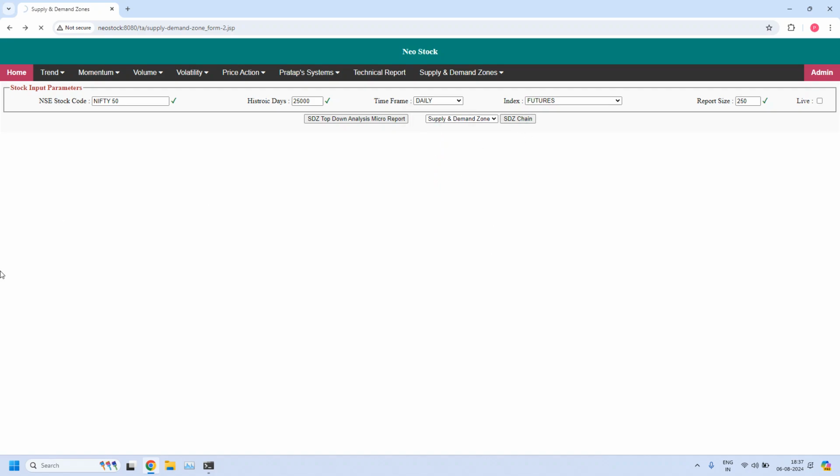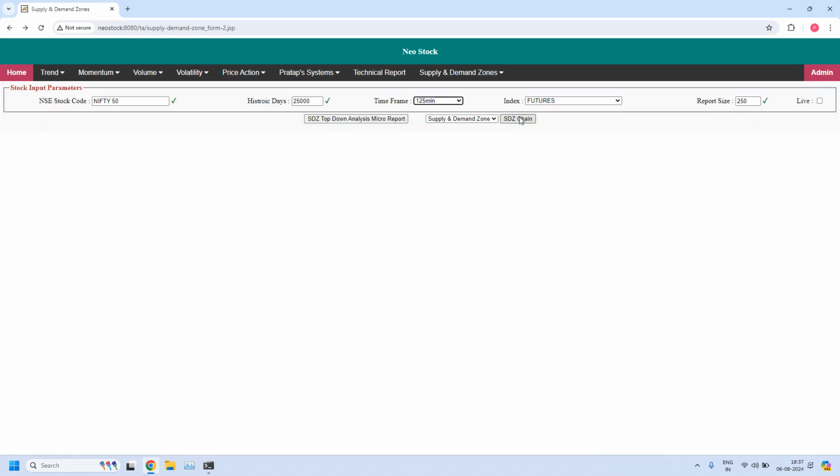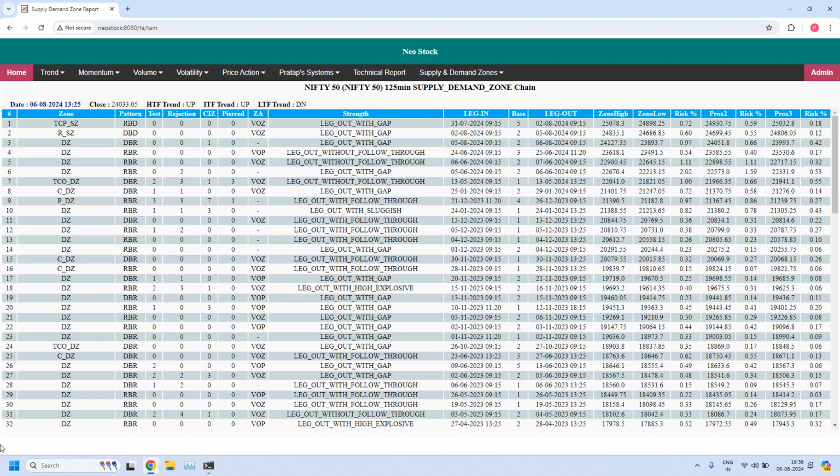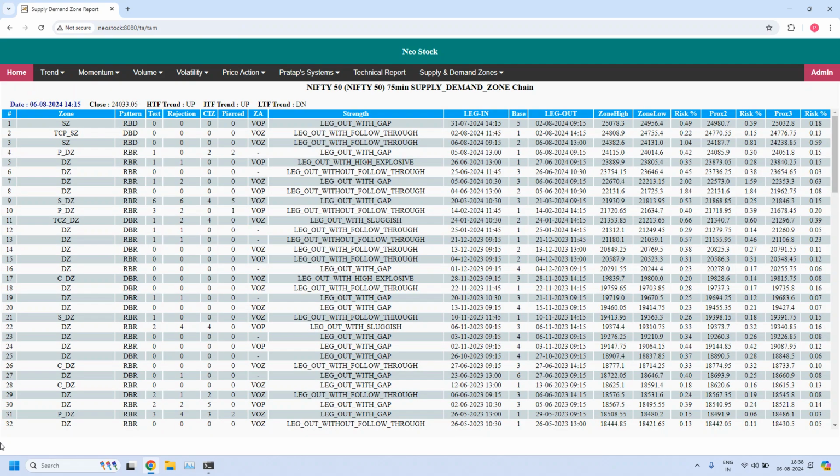I am generating the daily supply demand zone chain for Nifty. And the next time frame is 125 minutes. Now I am generating the 125 minutes supply demand zone chain for Nifty. And the next time frame is 75 minutes. I am generating the 75 minutes supply demand zone chain for Nifty.